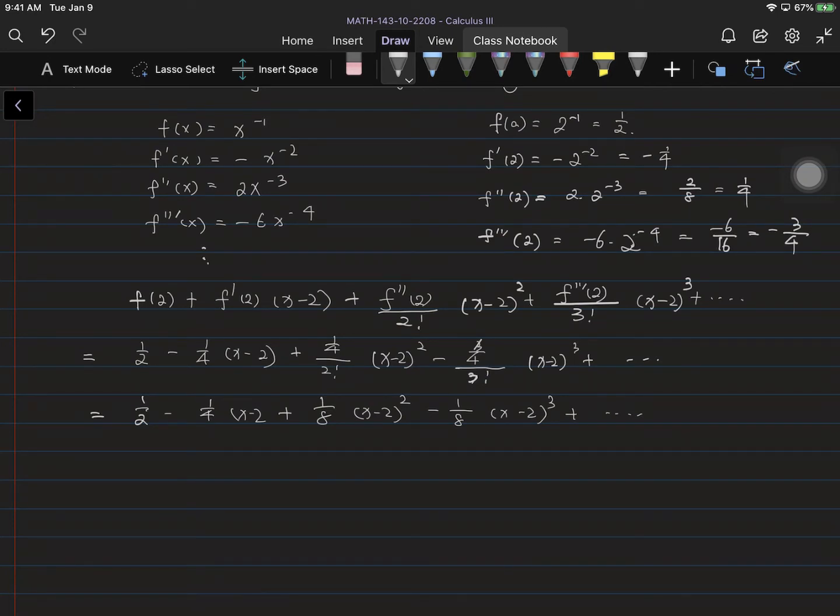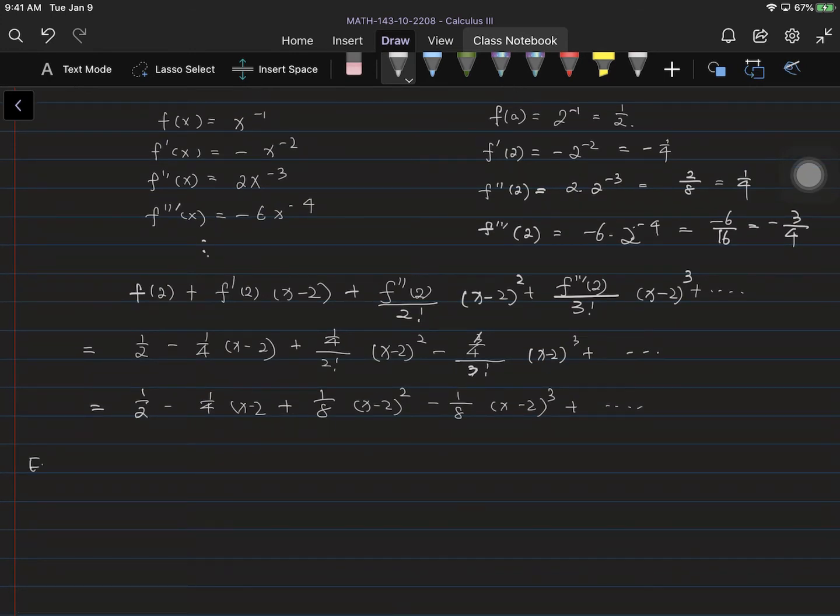Let's take a look at the exercise problem. Find the Taylor series at 0. So actually this is also a Maclaurin series, right?